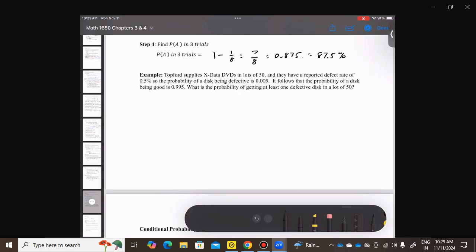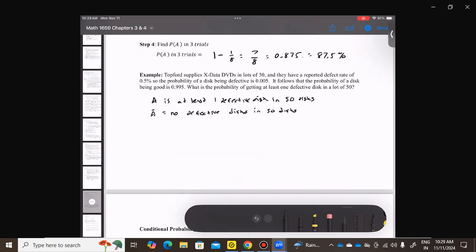So event A is at least one defective disc in 50 discs. Right. So not A would be no defective discs in 50 trials or 50 discs.